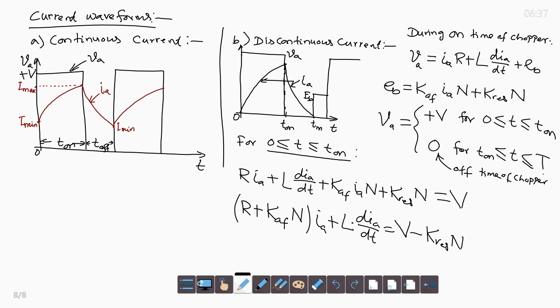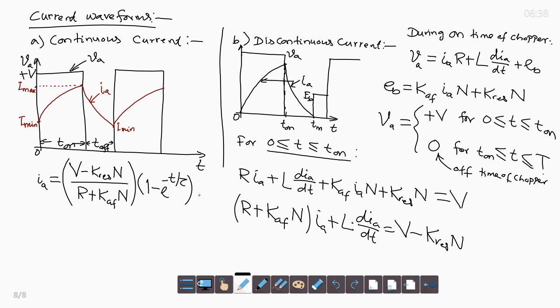So what is the expression of the armature current? As you know, what is the expression for current build up in an RL circuit with DC voltage applied? The steady state current is V minus K residual into N divided by R plus KF into N, and it is an exponential increase to that value, 1 minus e to the power minus t by tau, where tau is the time constant.